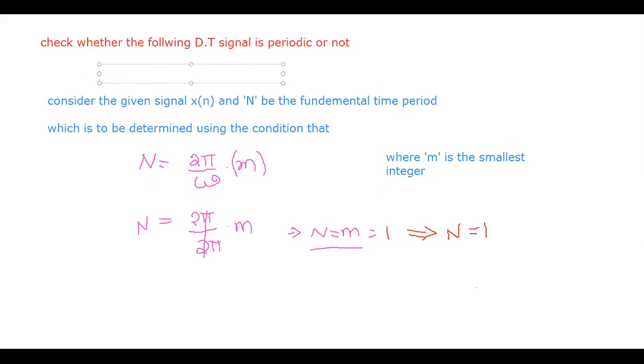x of n is equal to e power j 6 pi n. Now this is the problem you have been given, and again you are asked to determine whether this particular signal is periodic or not.